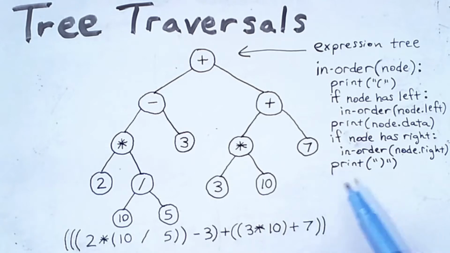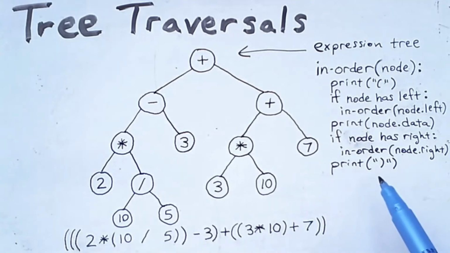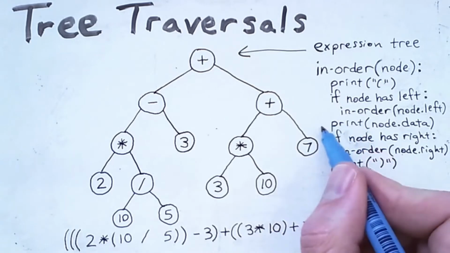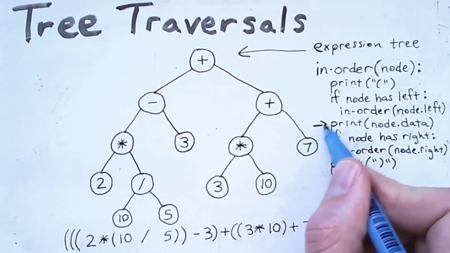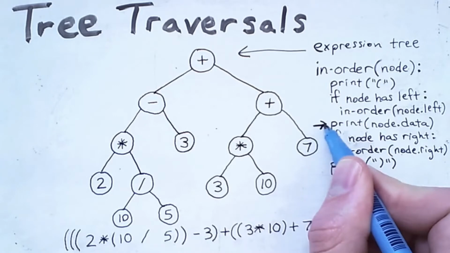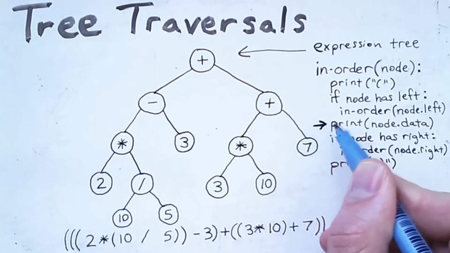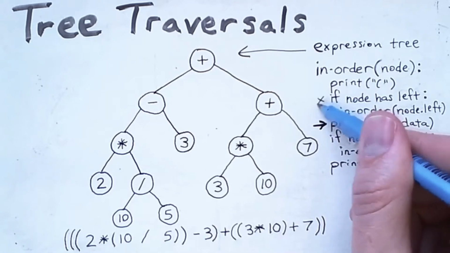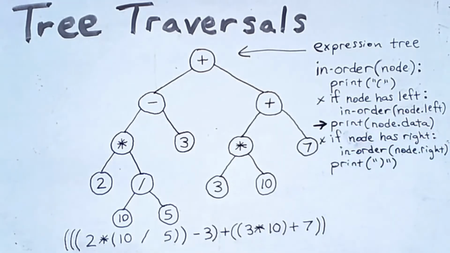Visit left, evaluate data, visit right. We call it an in-order traversal because this crucial step of actually manipulating or otherwise using the data in the node occurs in between the left and right visit steps. Let me go ahead and show you what this traversal order looks like when executing on this tree.